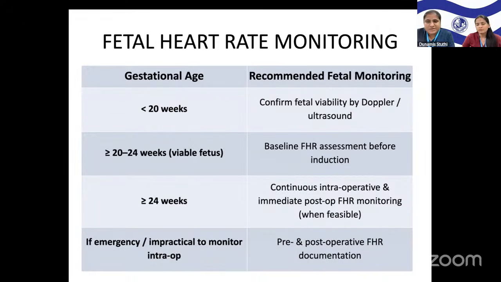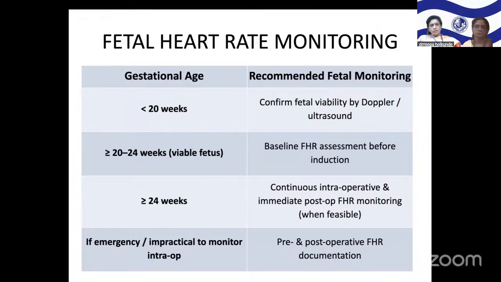EtCO2 we have to maintain between 30 to 32 mm Hg. If there is persistent hypotension and drop in saturations, even after taking all the precautions, we have to look for fetal hypoxia, which may be the cause for the maternal changes. So we have to look at the fetal heart rate also at that time, after confirming all these things.